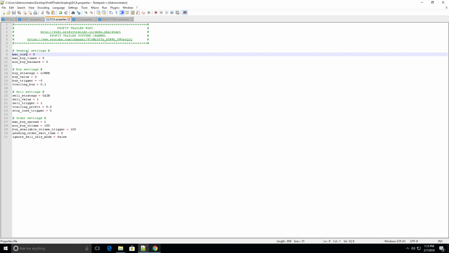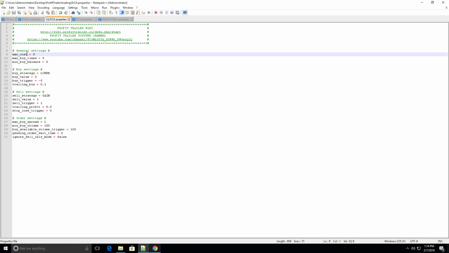Max cost is the total amount of BTC that you allow the bot to use. It is the maximum amount that you allow ProfitTrailer to use in a single coin. For example, NEO.